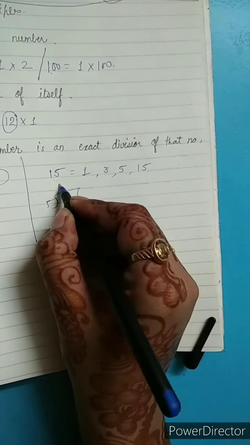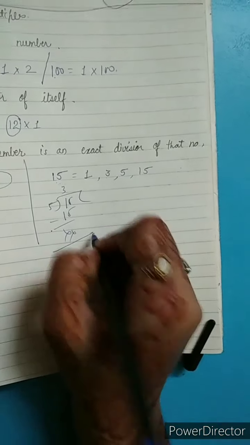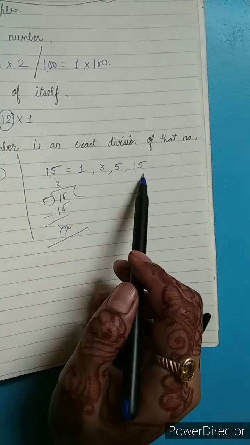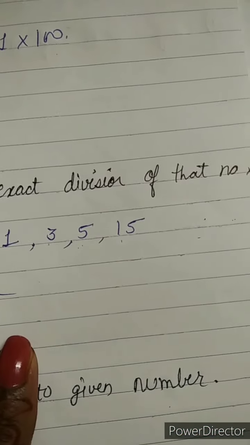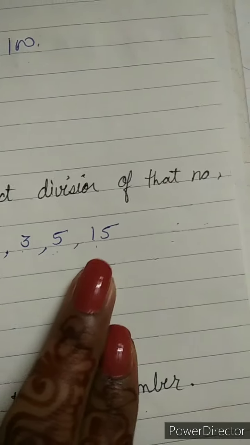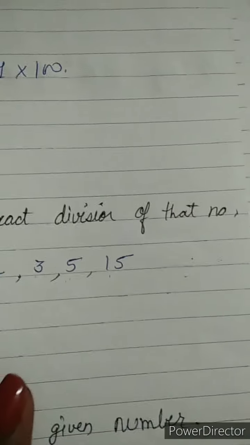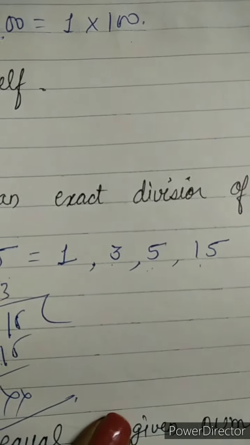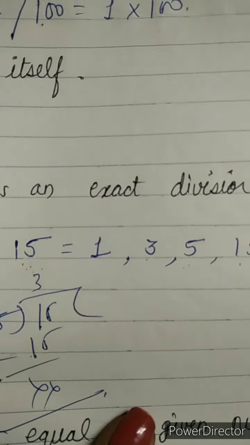Same as 15, when we divide 15 by 1, 3, 5 and 15, it will divide completely without leaving any remainder.